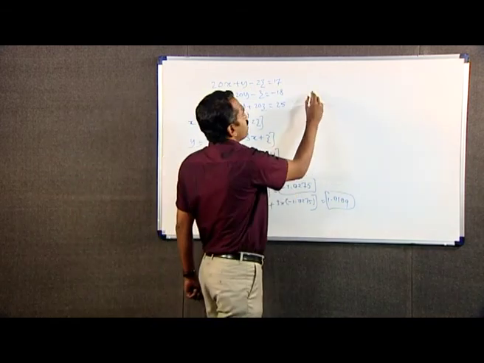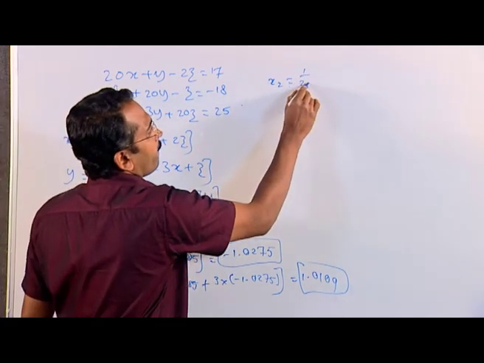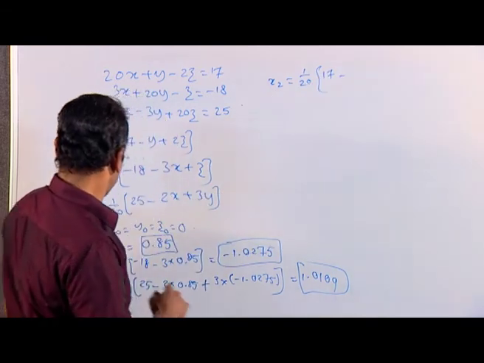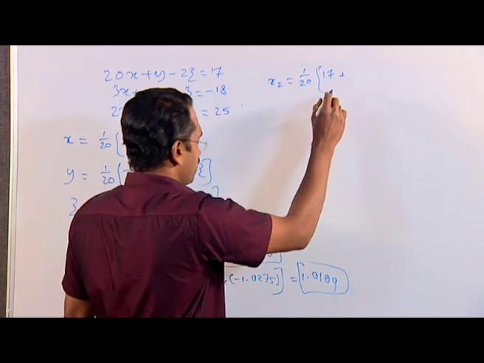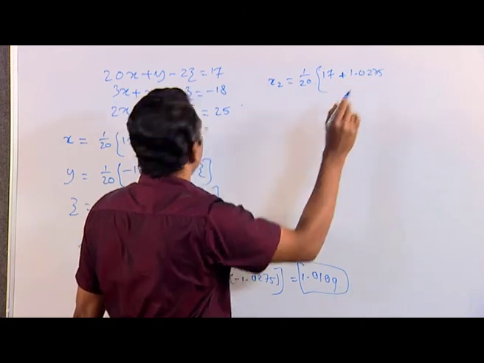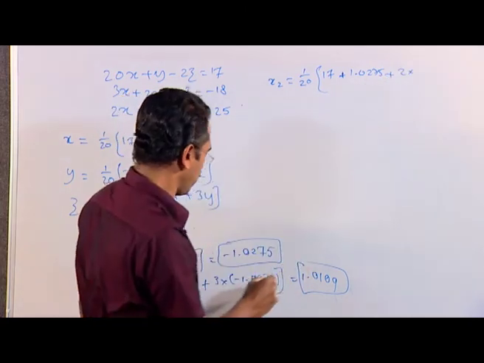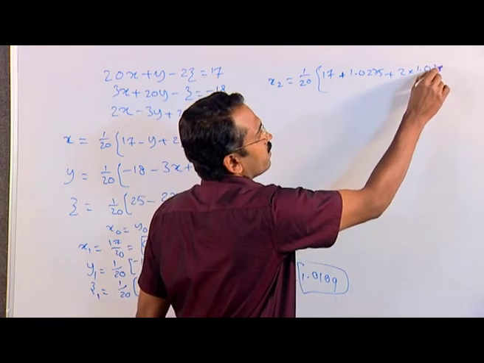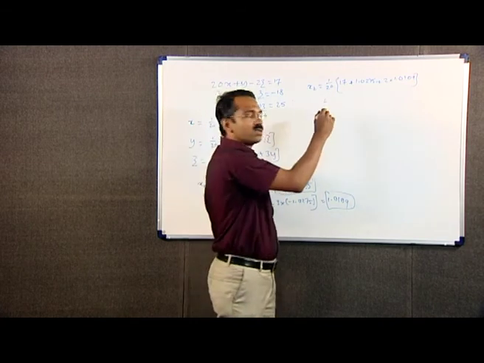We will get x2 equal to 1 by 20 into 17 minus y1, that is negative 1.0275, plus 2z, that is 2 into z1 is 1.0109, which is equal to 1.0025.